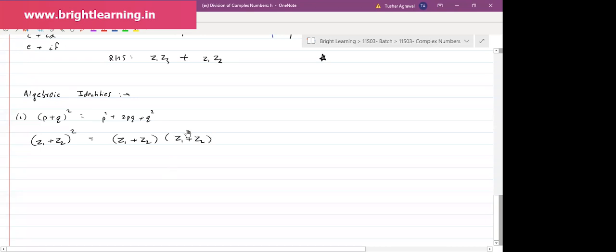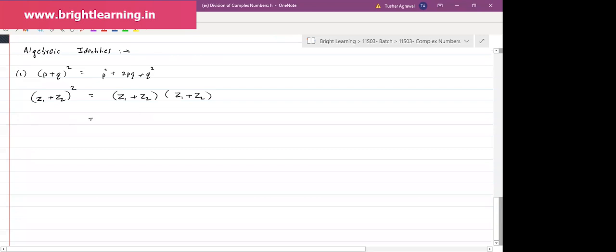Since we have already verified that the distributive law is satisfied for complex numbers, Z1 multiplied by the second bracket, plus Z2 multiplied by the second bracket. Again, by the distributive law, Z1 into Z1 is Z1 square, Z1 Z2, then Z2 Z1, Z2 square.